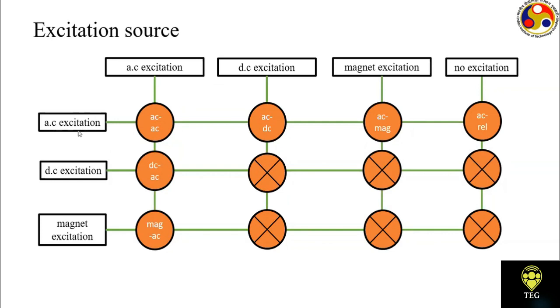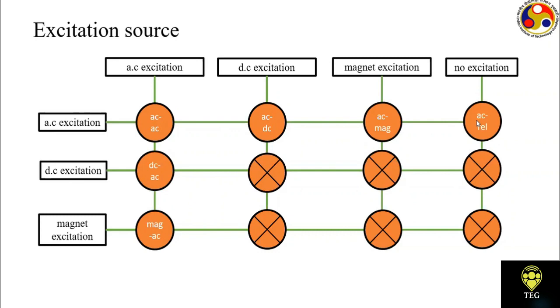To the stator you give an AC excitation, and for the rotor you use magnets. And again you have the reluctance kind of excitation. That means to the stator you give AC, and the rotor has no excitation. So if you see this first row, the first three machines are predominantly machines that produce electromagnetic torque, and the last one is the one which produces reluctance torque.